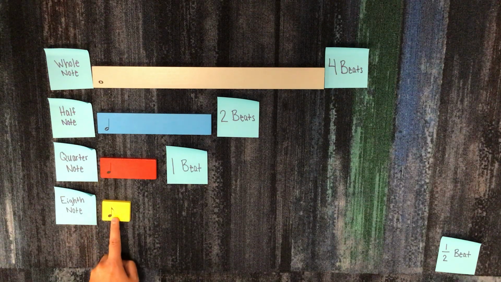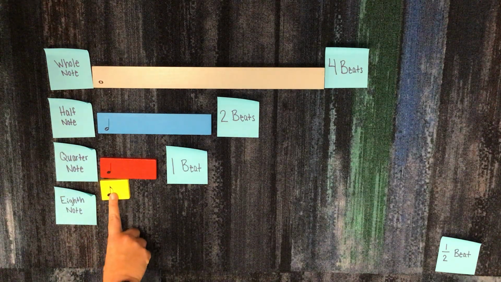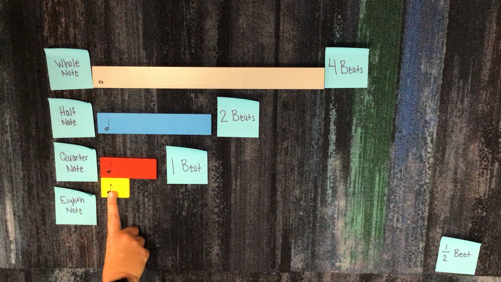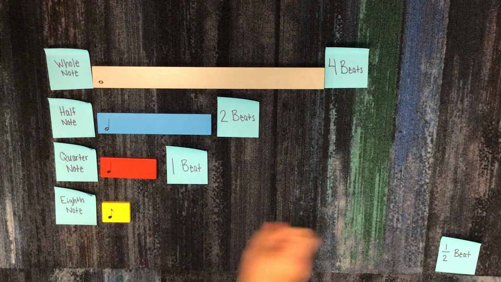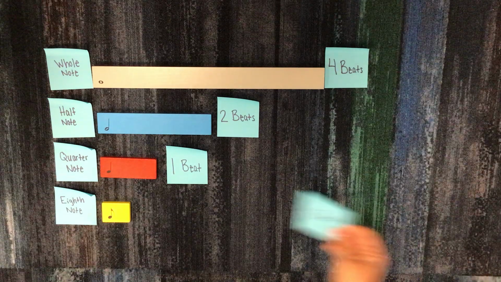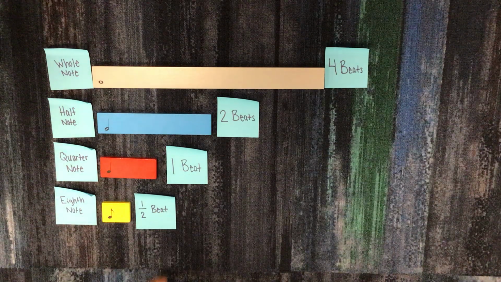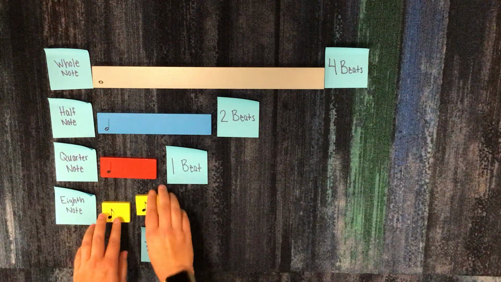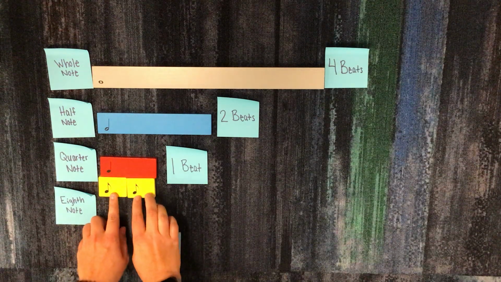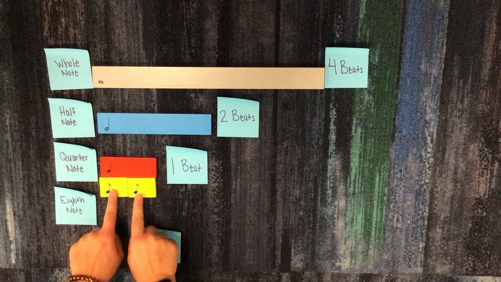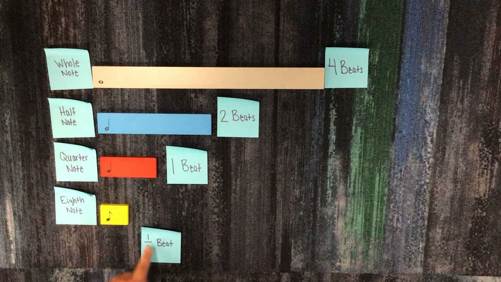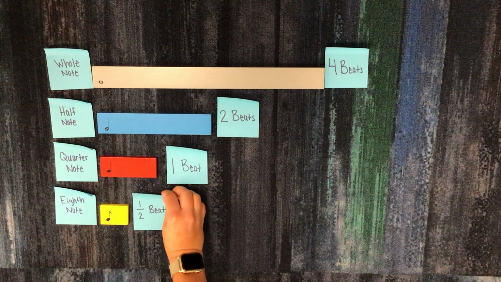So if we have our eighth note and it's half the length of a quarter note, it would get half a beat. Good job. So that would also mean that 2 eighth notes equal 1 beat. But we're only dealing with 1 right now. So that only gets half of a beat.